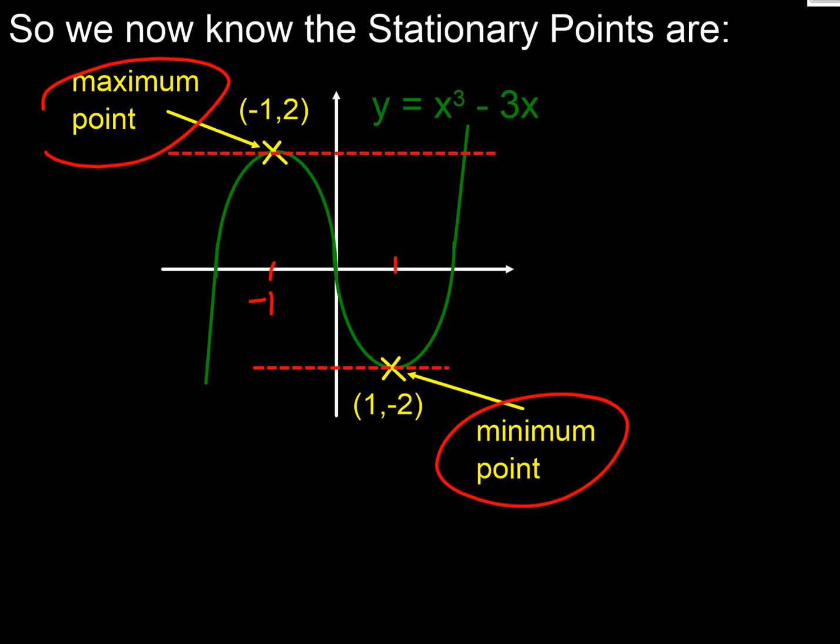Our x value is +1, and if we substitute that in, we find that y is -2. So we found our maximum and our minimum. Remember that on the left side dm by dx is less than 0, and on the right hand side dm by dx is greater than 0. So that deals with maximum and minimum points.